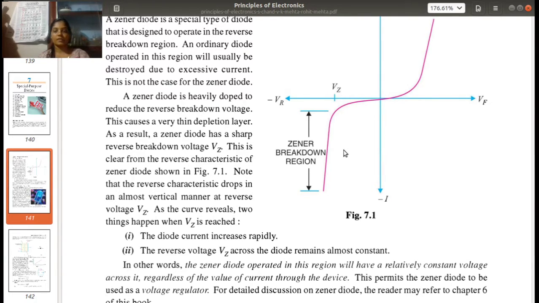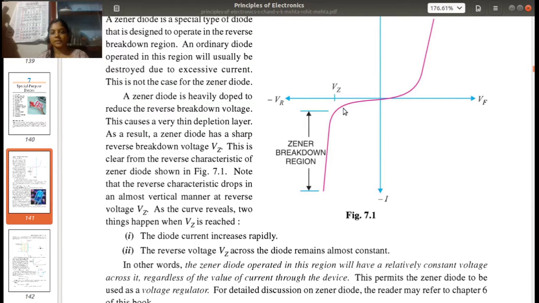The forward characteristics of a Zener diode are similar to those of an ordinary diode, but the reverse characteristics are different. At low reverse voltage, what happens? The reverse current is very small, but at a particular value of reverse voltage, the diode undergoes Zener breakdown and the current rises sharply, which is quite clear from this figure itself.